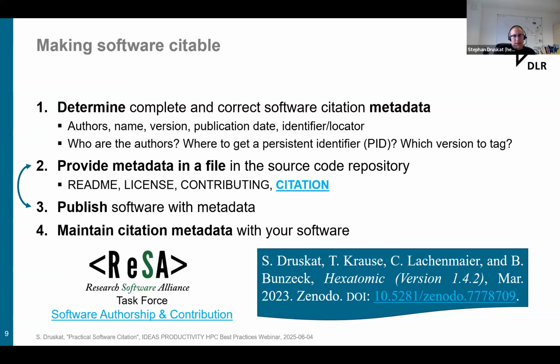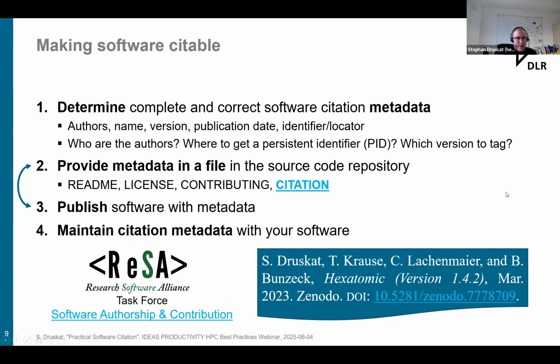Another challenge is getting a unique, persistent, and resolvable identifier. It's not actually that hard. It can be done through publishing your software, which is what I'll talk about coming to step 3 of making your software citable. And beyond that, some software engineering basics apply, such as you should use version control, you should identify the versions that you think are fit to be used by others, for example, by tagging the versions and creating a release.